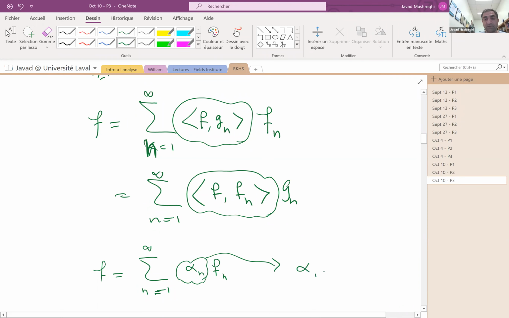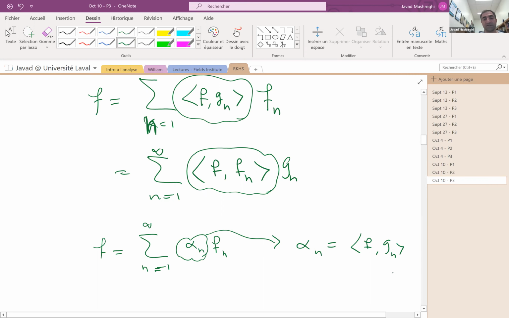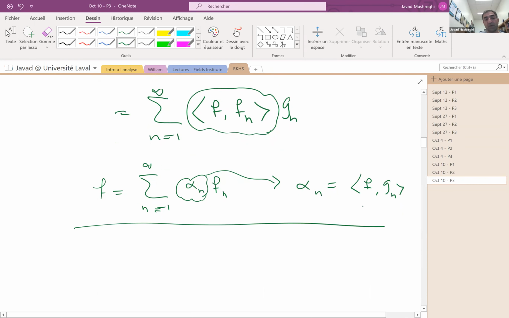We know that alpha n has to be f inner product with Gn. So the uniqueness which is accompanied for orthonormal bases is saved for Riesz bases too. This is going to be lost in the next step when we study frames.